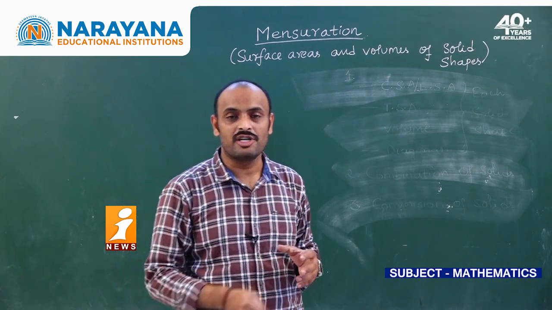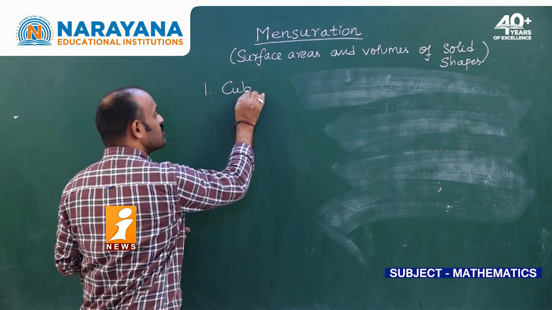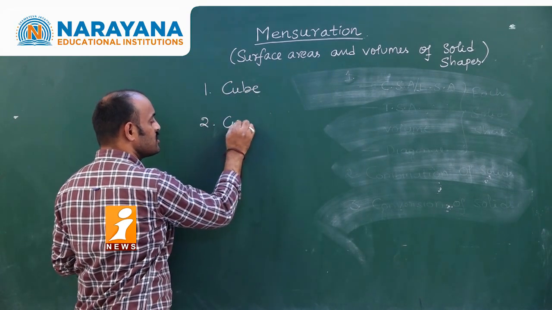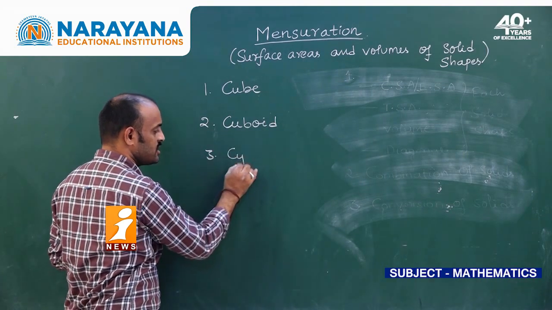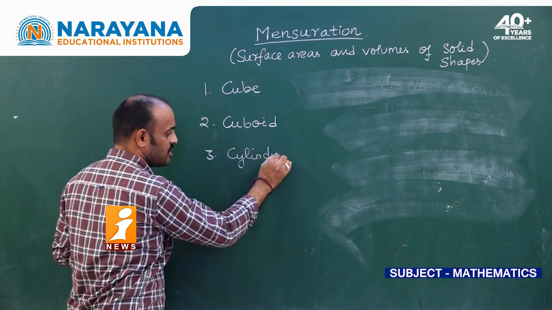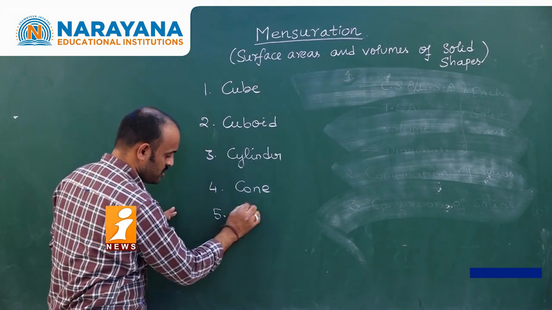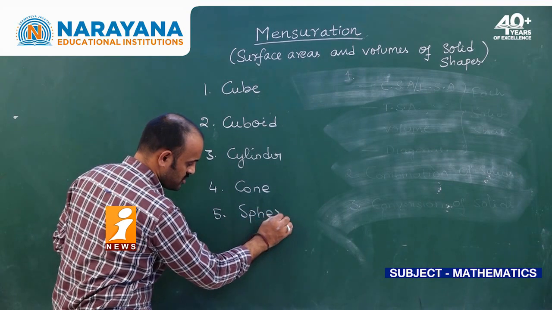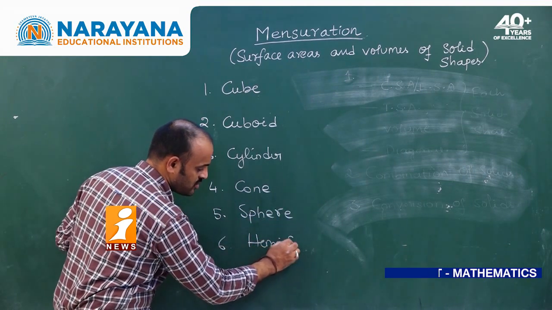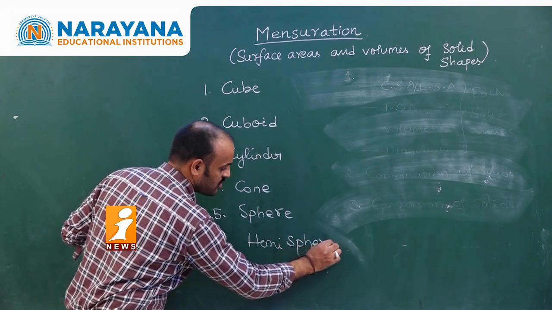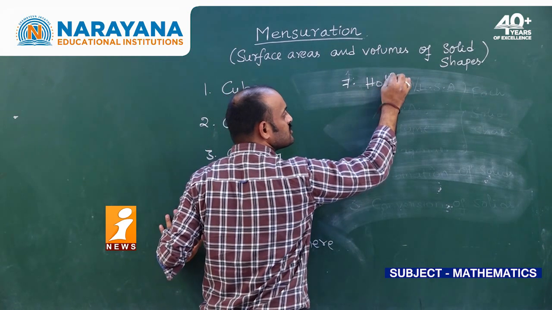The 3-dimensional solid shapes we have here are, the first one is cube, the second is cuboid, the third is cylinder, the fourth is cone, and then sphere, and then hemisphere, and then we have hollow cylinder.